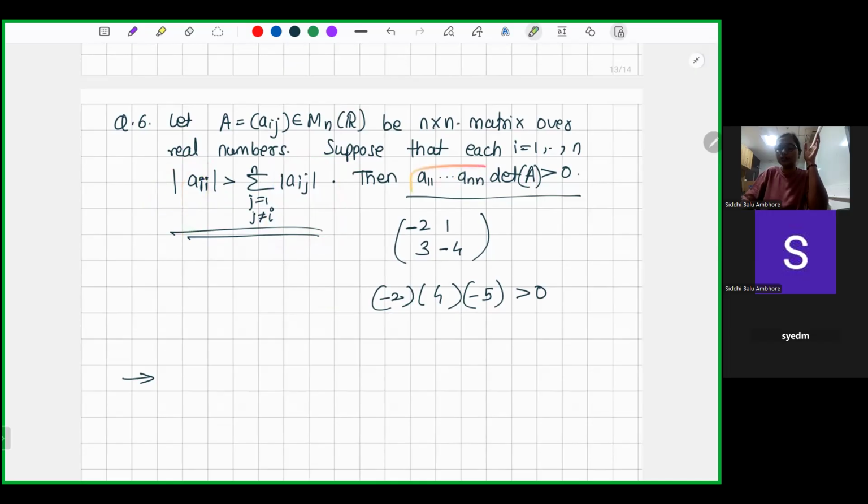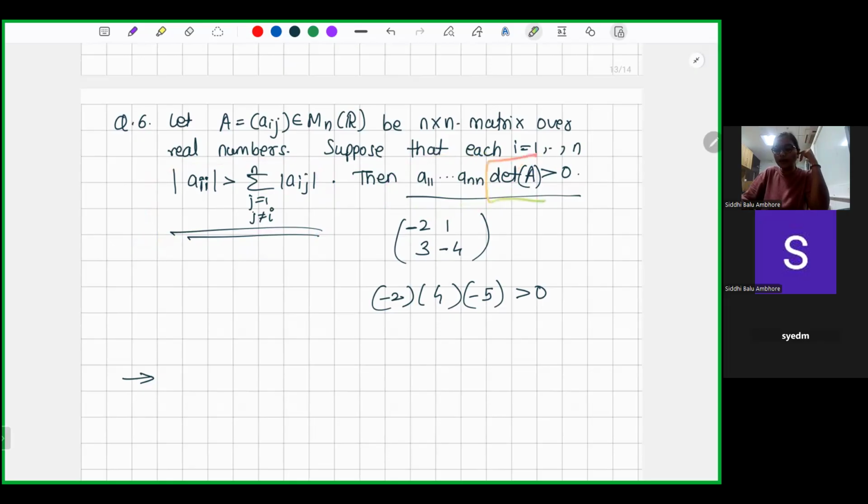We have to prove that this number here is a positive number. This given condition takes care that this portion here is non-zero.